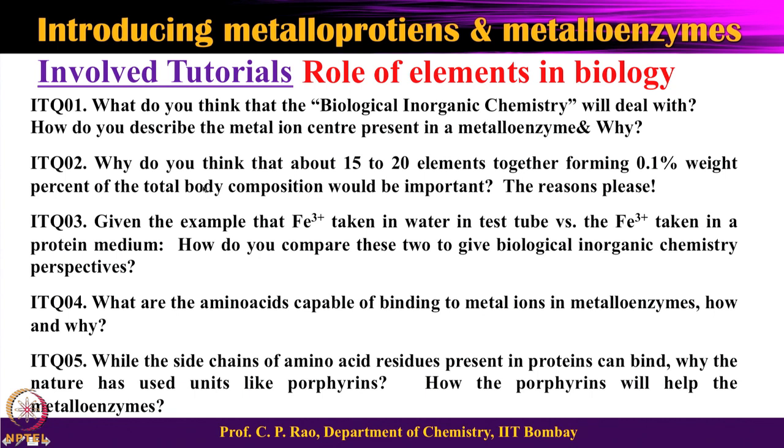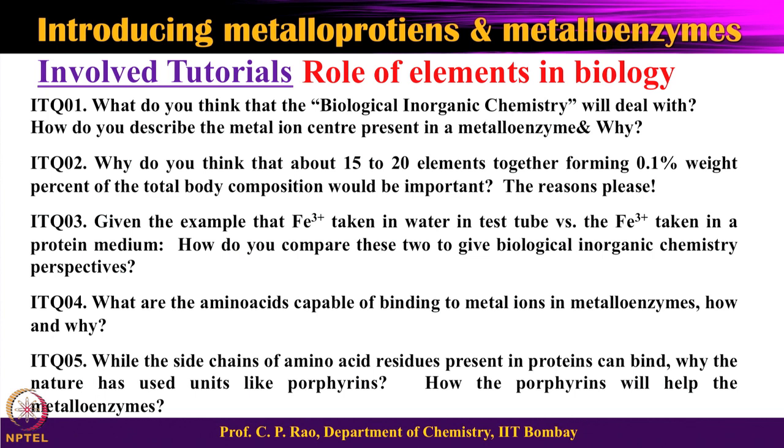Okay, let us look at another query, not so difficult, somewhat easier. Why do you think that about 15 to 20 elements, together forming only 0.1 weight percent of the total body composition, would be important? What is the reason?